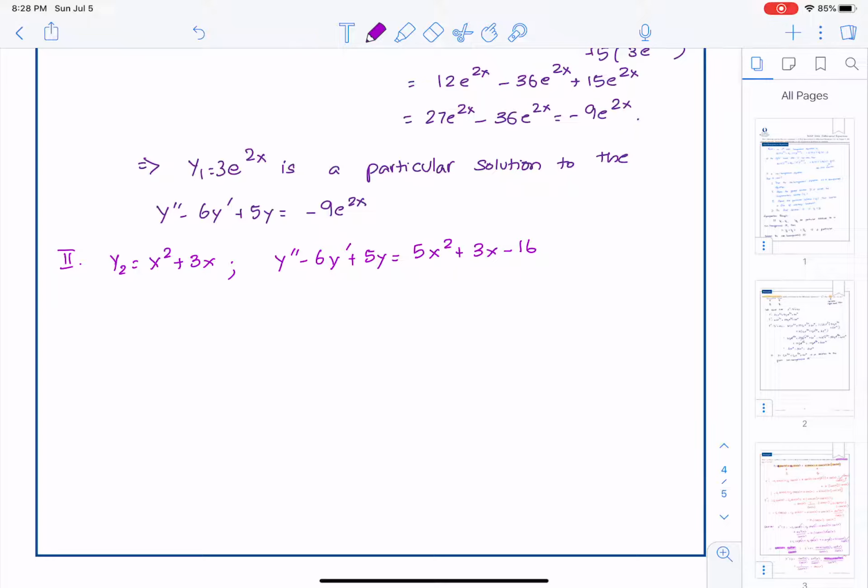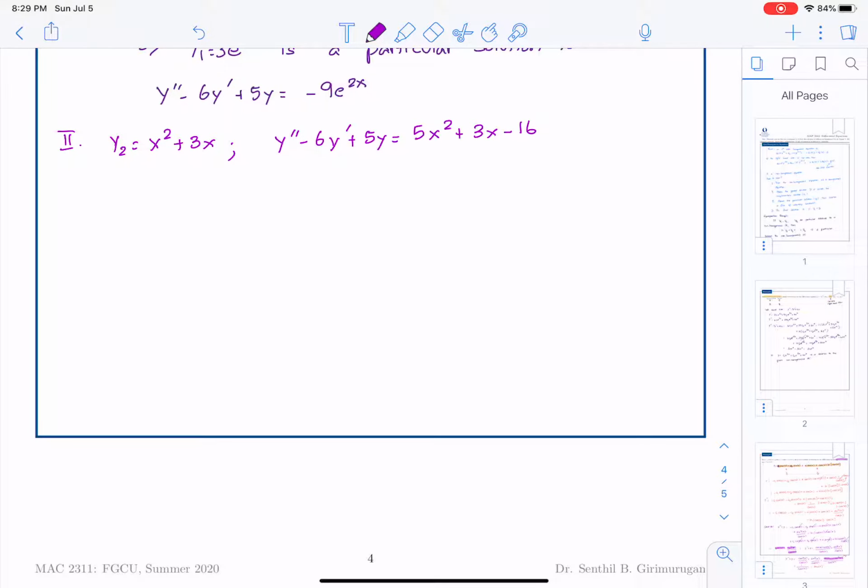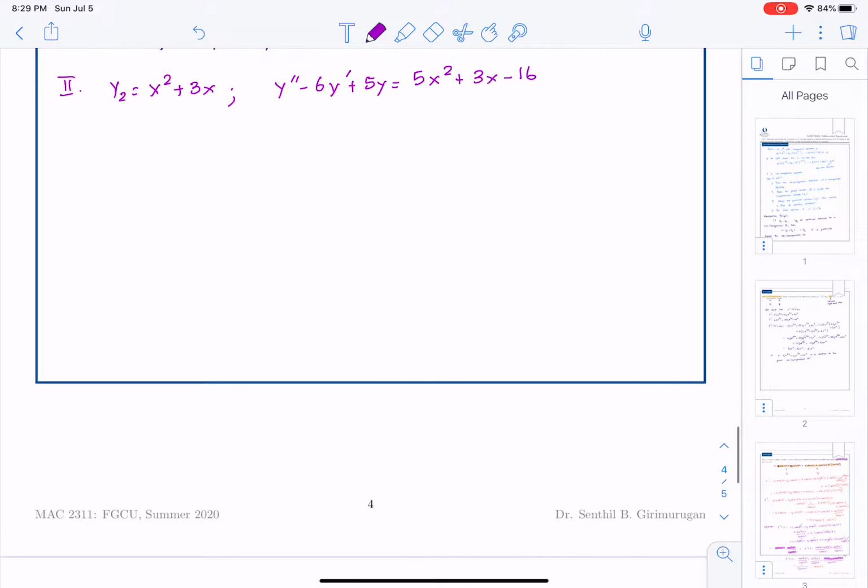So I have to plug in y2 prime, y2 and y2 double prime to see if I get the right hand side, the non-homogeneous part, which is 5x squared plus 3x minus 16. So y2 double prime can be found using y2 prime first. So 2x plus 3, and y2 double prime is simply 2.